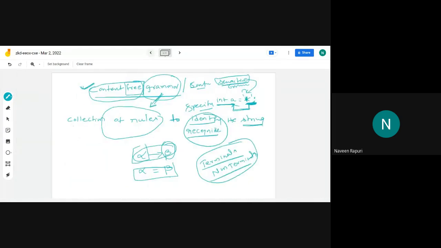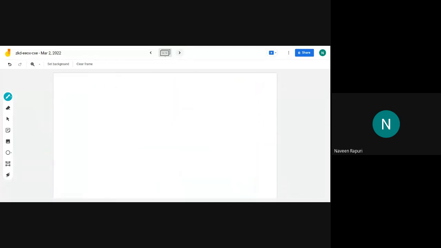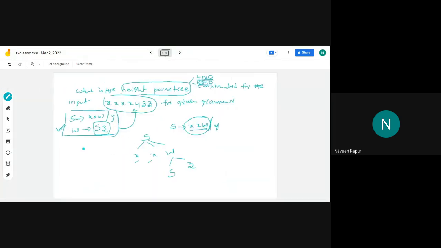Here alpha derives beta is equivalent to alpha equals beta. That means in place of alpha, you can write beta. Here this is alpha and this is beta, and we are replacing alpha by beta.